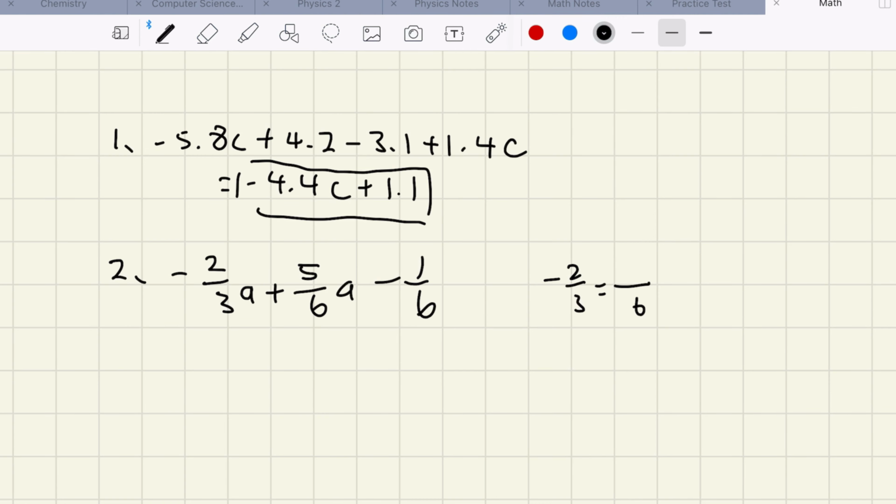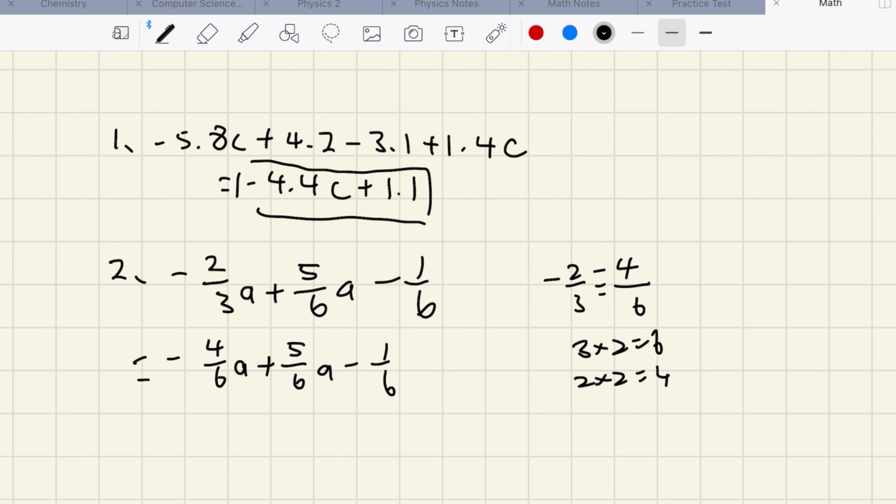Notice how the denominator was multiplied by 2 to get 6, so let's multiply the numerator by 2, which gives us 4. So negative 2/3 will turn into negative 4/6. So now we can do negative 4/6 a plus 5/6 a minus 1/6. And you get negative 4/6 plus 5/6, that's 1/6 a, minus 1/6. That's our answer.